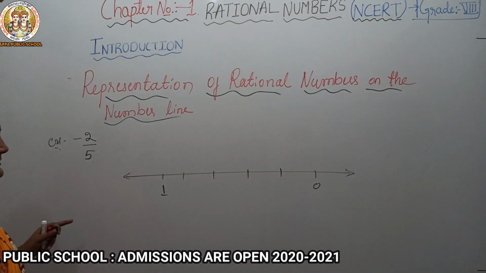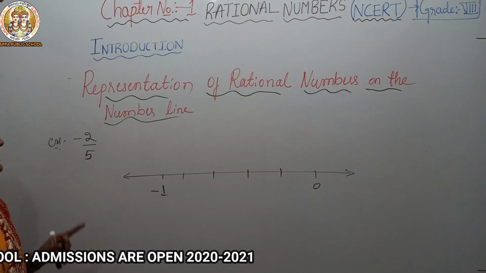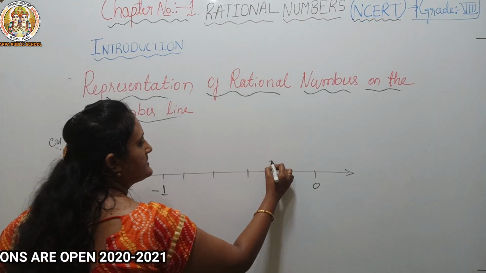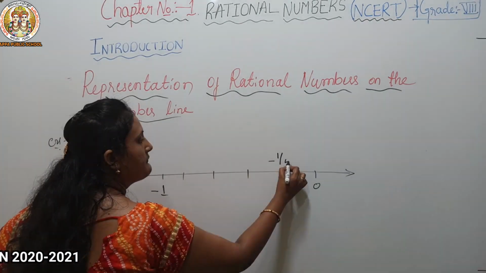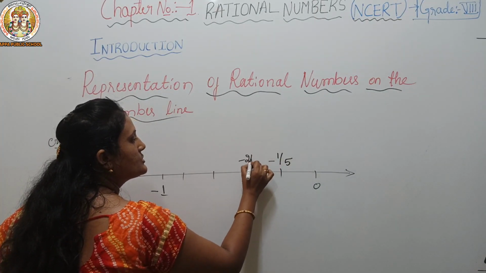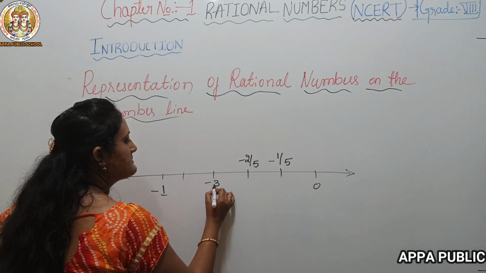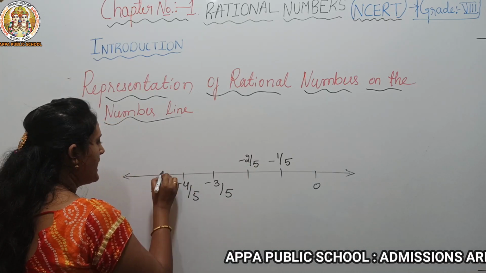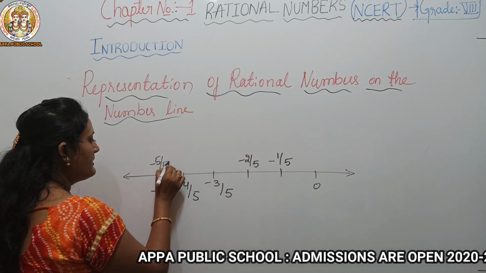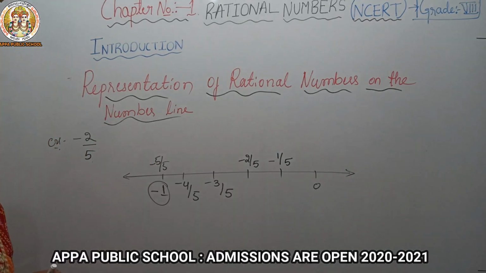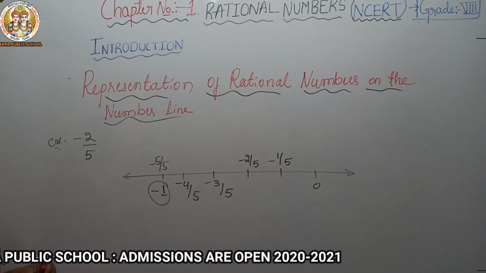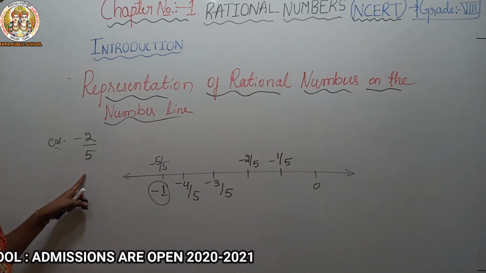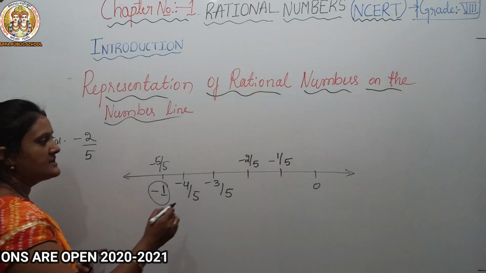This is -1/5, this is -2/5, this is -3/5, this is -4/5, and this is exactly -5/5, nothing but -1. What we have to represent now is -2/5, so it is here.